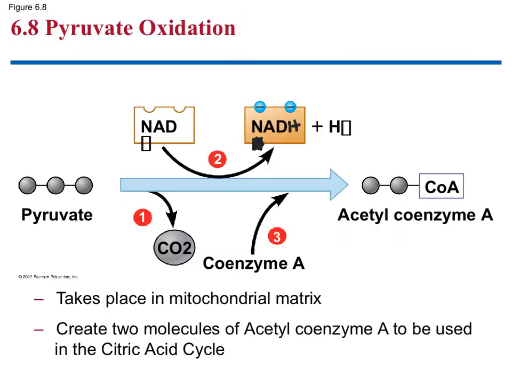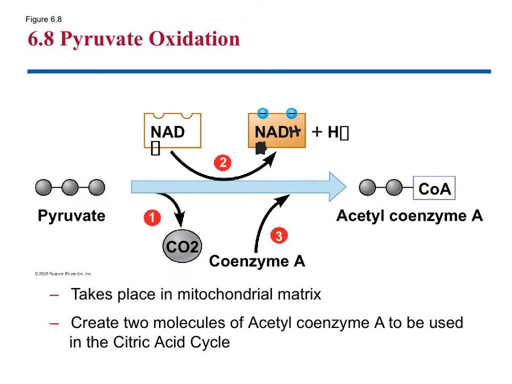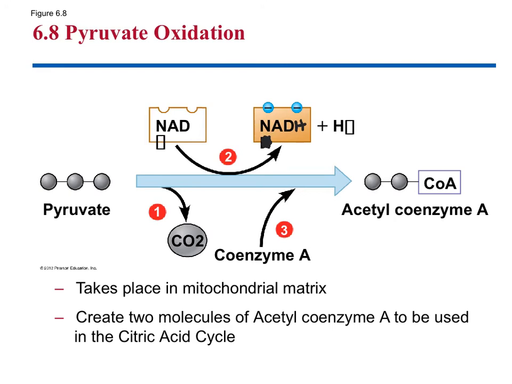So we will move now to the citric acid cycle, and a step that occurs just prior to the citric acid cycle beginning. Before the citric acid cycle can proceed, pyruvate has to be modified a little bit. So here's pyruvate, that 3-carbon molecule. It's going to have one of its carbon bonds broken.